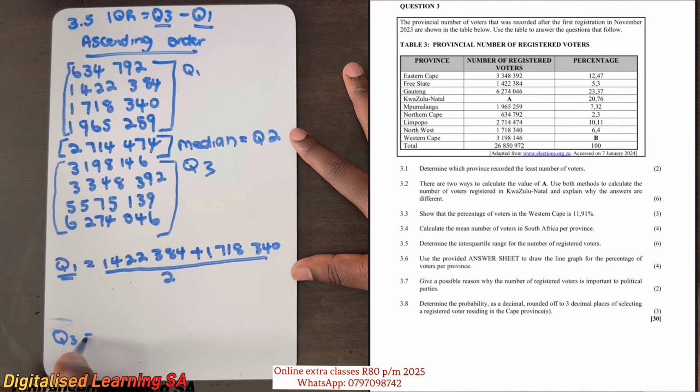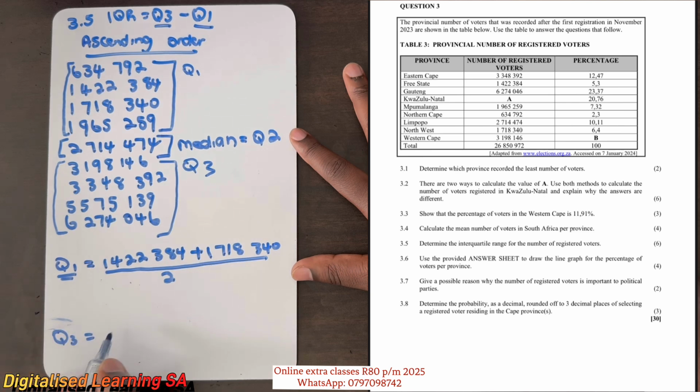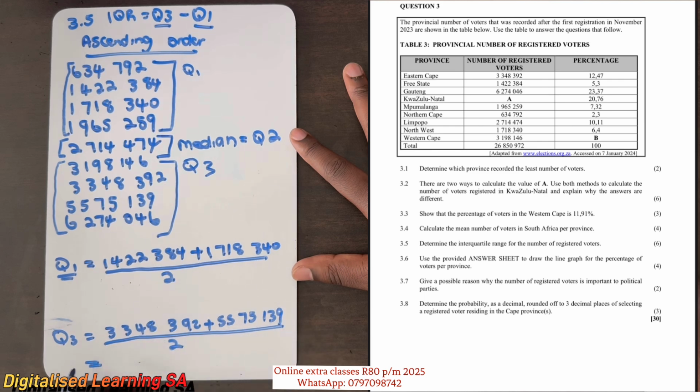If you check this side, you can see that there is no median, so we just add the 2 that are in the middle and divide by 2. So we are going to add 3348392 plus 5575139 and divide by 2, and we should be able to get our Q3.